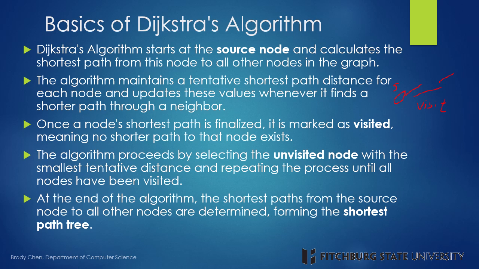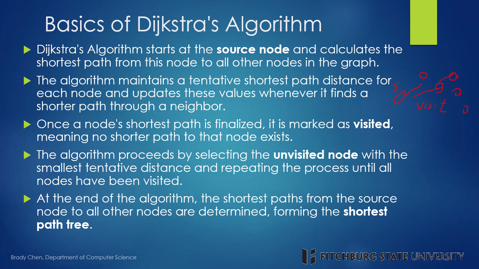The algorithm proceeds by selecting the unvisited node with the smallest tentative distance. You only visit a node once, and you repeat the process until all nodes have been visited.